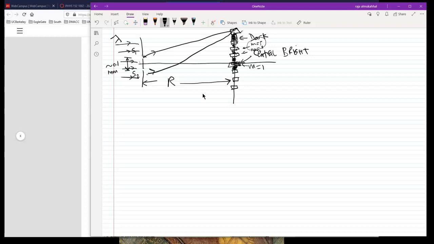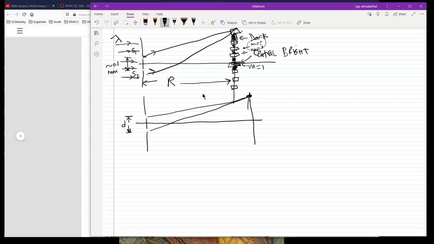And if we assume that the distance between the 2 slits is small letter d, again I'm using your book notation, and let's say we're talking about some spot here, whether it's dark or bright. Both rays are coming to the same point, joining here, interfering. This angle right here with respect to the horizontal is angle theta.